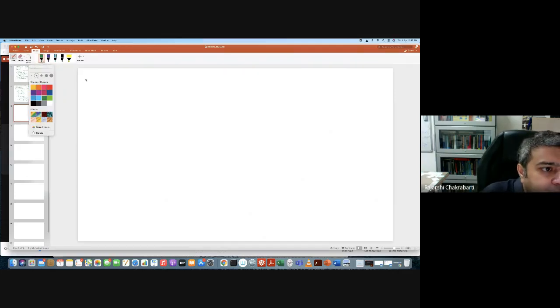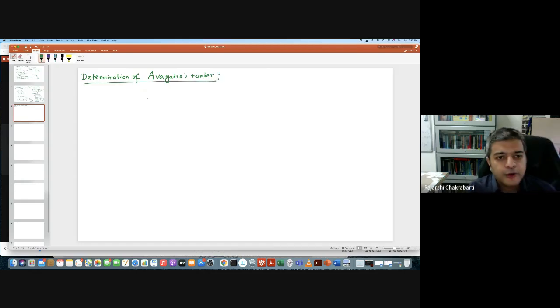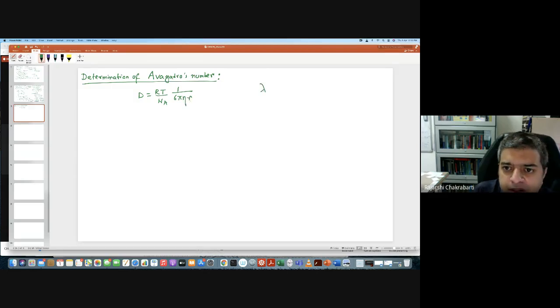So I'll just write down here, Avogadro's number. How do you do it? Because you know that your D is given by RT by Na into 1 by 6 pi eta R. And you remember from the previous class that your lambda x is root over 2D t.